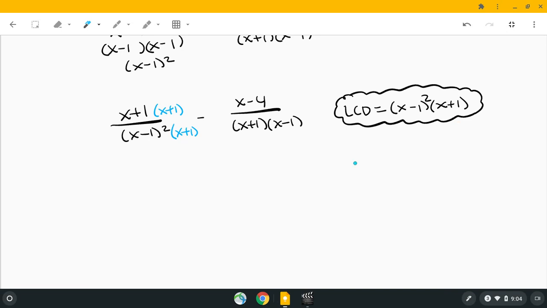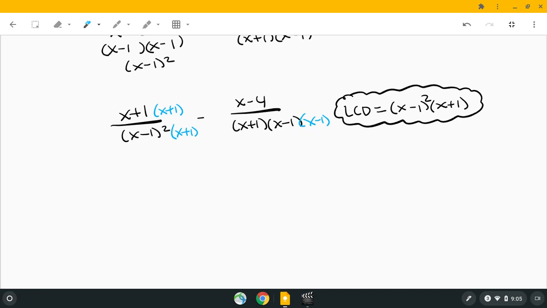Now this denominator looks like the LCD. Over here, we have x plus 1. Good. And we have only one x minus 1, but we actually need another one, and that will give us x minus 1 squared.